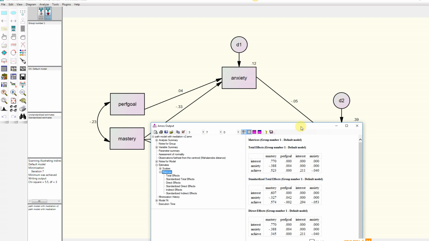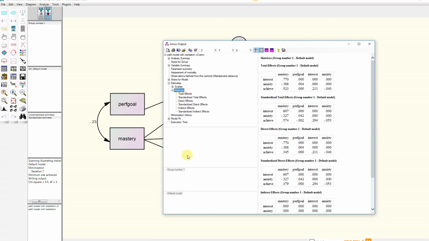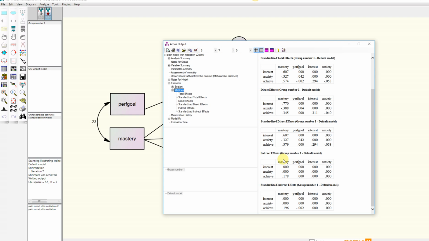Now, one last thing I want to mention is, perhaps you want to determine if any of the indirect or total effects are statistically significant. Can you do this? Well, yes, you can.